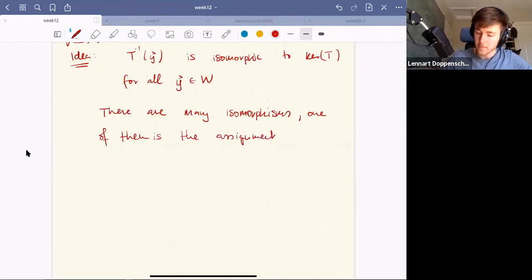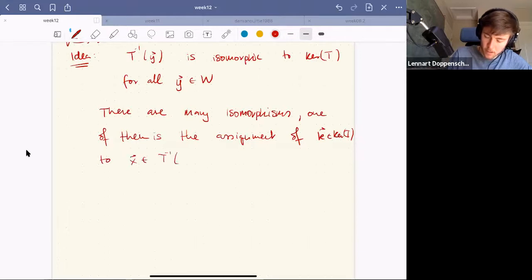assignment of k in the kernel of T to x in the pre-image of y, such that x is equal to x0 plus k for fixed x0.